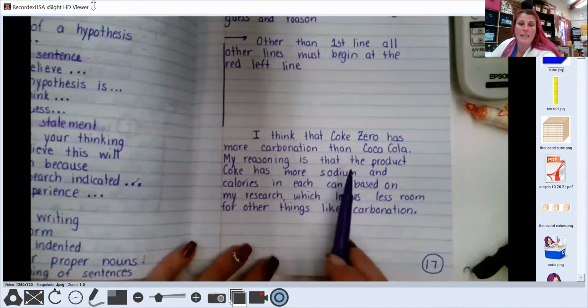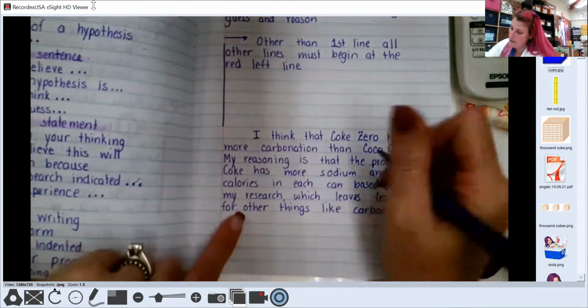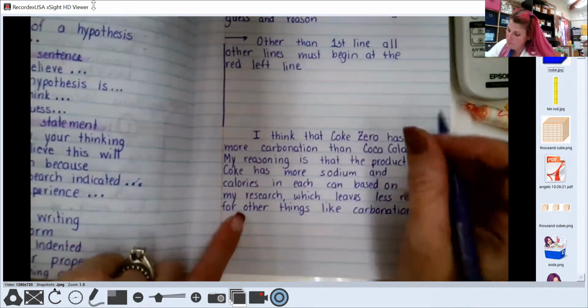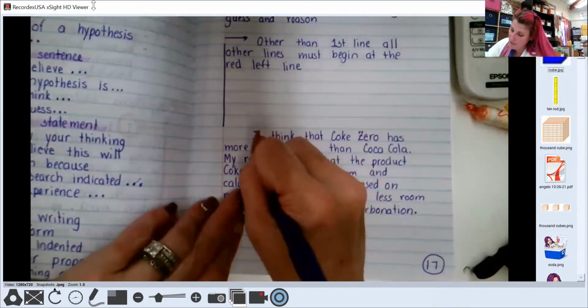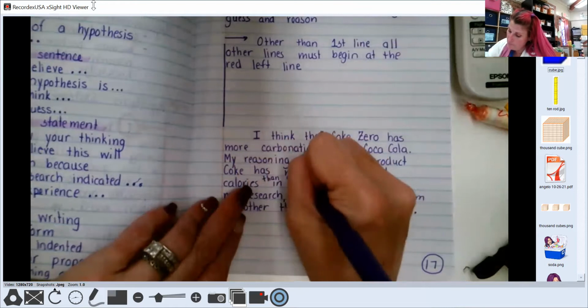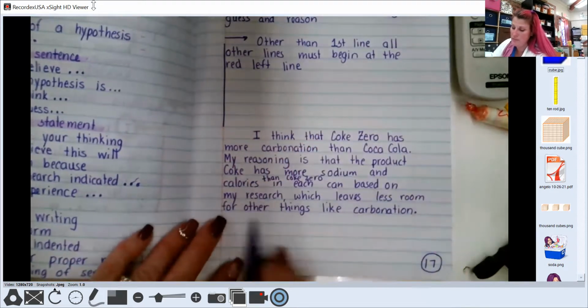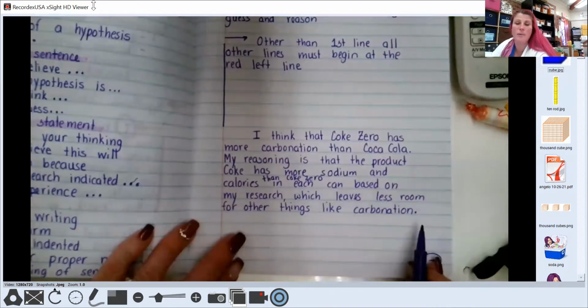My reasoning is that the product Coke has more sodium and calories in each can than Coke Zero in each can based on my research, which leaves less room for other things like carbonation.